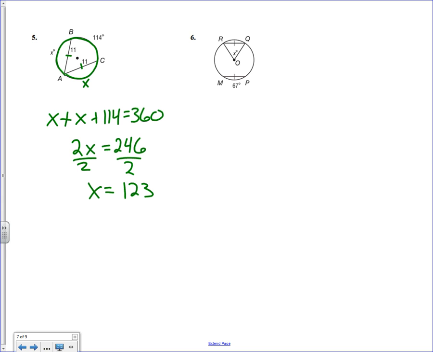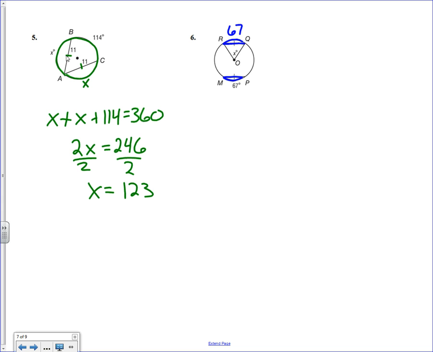Number 6, we have congruent chords, MP and RQ, segments MP and segment RQ. Because they are congruent, the arcs that they hold are congruent as well. And we get 67 degrees there.